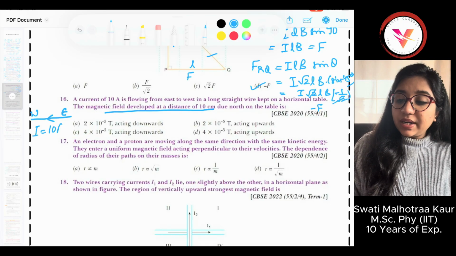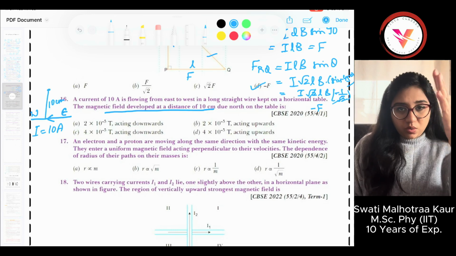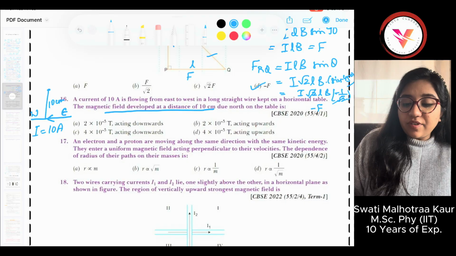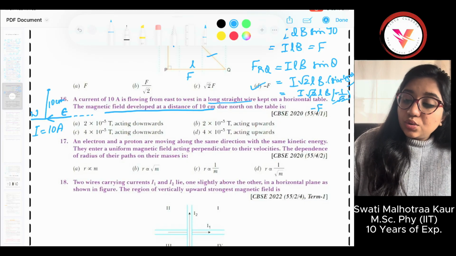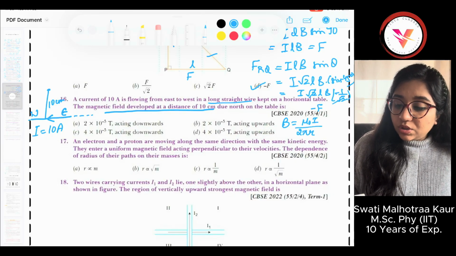The magnetic field developed at a distance of 10 centimeter due north, upward. Okay, so it is a long straight wire, so it is considered as an infinite one. So B is basically mu naught I over 2 pi r, and you just put the values here.